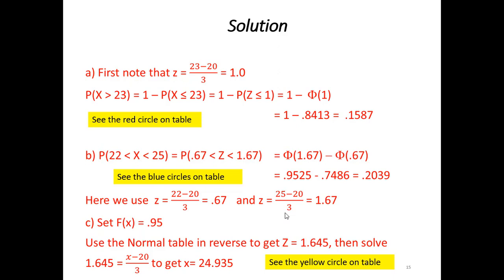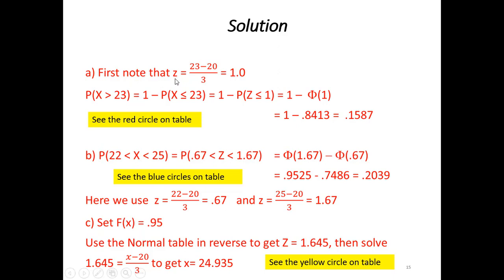There is a PDF, which I didn't even display here. It's a little complicated, but it's not too bad. But the idea here is to find probabilities using the normal distribution table. Okay, so the first step is we'd like to find the probability x is greater than 23, but we're going to convert that to a z-score.